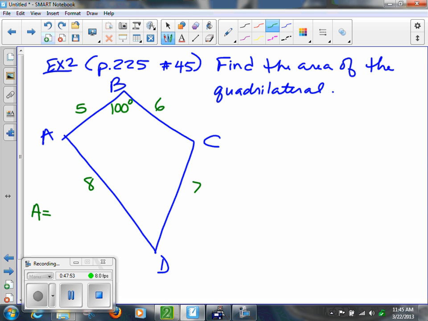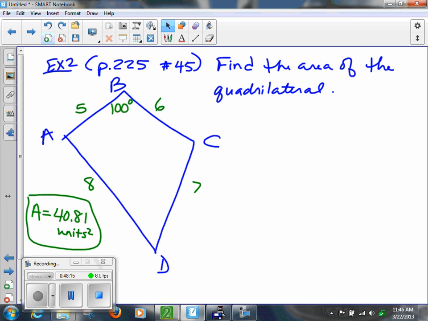It looks kind of like a kite. I'm telling you right now that the area of that quadrilateral is 40.81 units squared. Now, I want you to look at it. I heard somebody say, that ain't a triangle. You're right. It's not one triangle. It's two. So if you will do this, split it in half. It's two oblique triangles now.